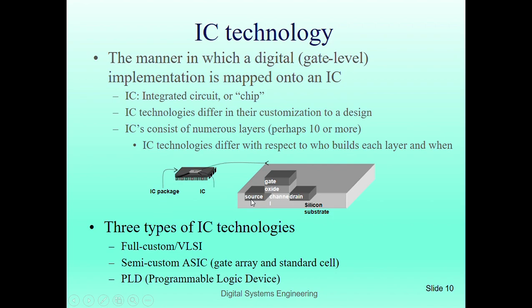If you want to know more about the working principle of the transistor, please see our previous lecture. There are three types of IC technology: full custom or VLSI, semi-custom (ASIC, or gate array, and standard cell), and PLD, or programmable logic devices.